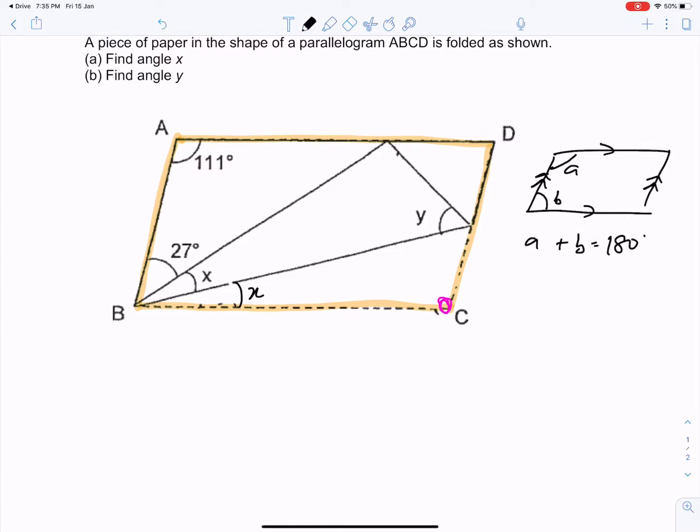Likewise, if I want to find X, I need to take 180 degrees minus 111 degrees. This will give me angle ABC, which we can determine to be 69 degrees, which is this entire red section.